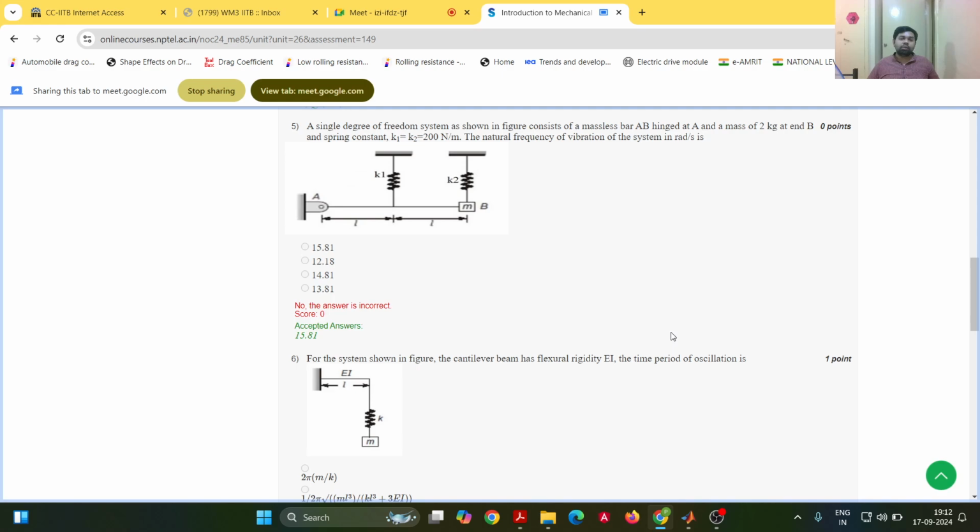That is the only external force acting, you can say. Now if you draw the free body diagram of this rod, let me take the help of the Jamboard.